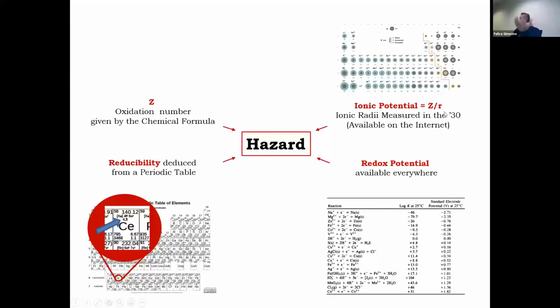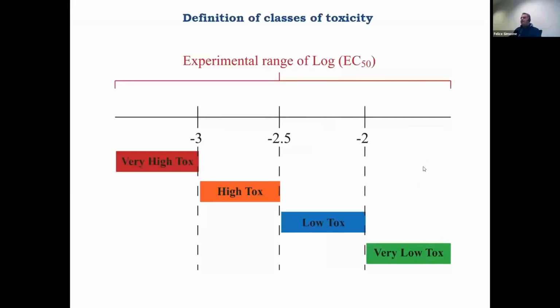They have been measured back in the 30s. The surface reactivity can be described in terms of reactivity on the defects, and the reducibility of the defects is an important parameter that can be deduced from a periodic table, and the bulk reactivity is essentially redox reactivity and redox potential are available in any chemistry book.